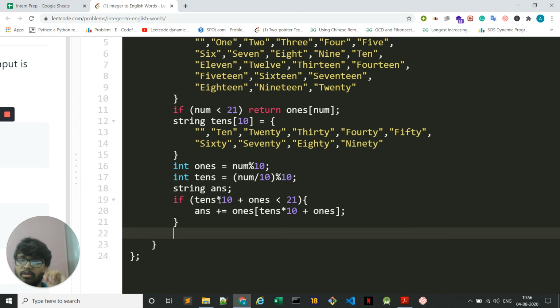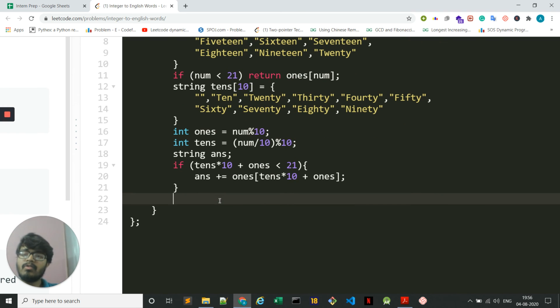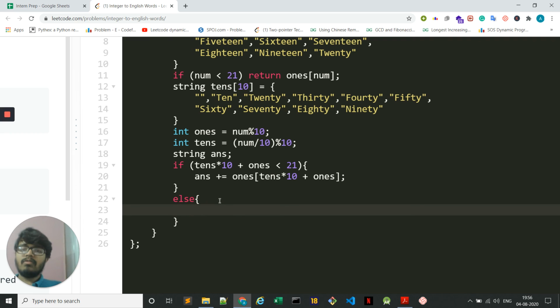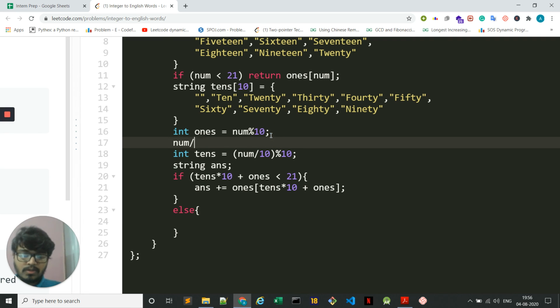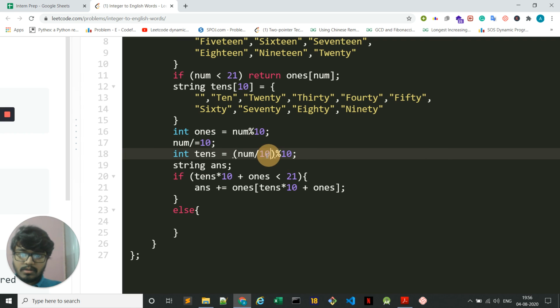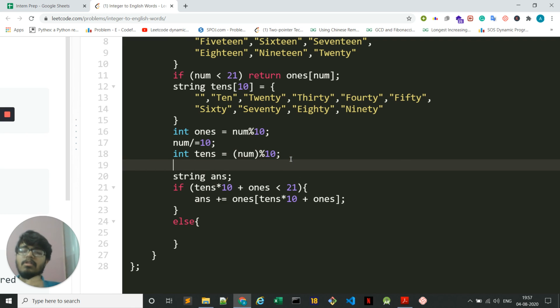I think we will brute force the entire solution in this way using if else conditions, because there is a limit to which the number will grow. If this is not the case, then over here we should divide the number by 10. Once the tens digit is gone, we can again divide the number by 10.